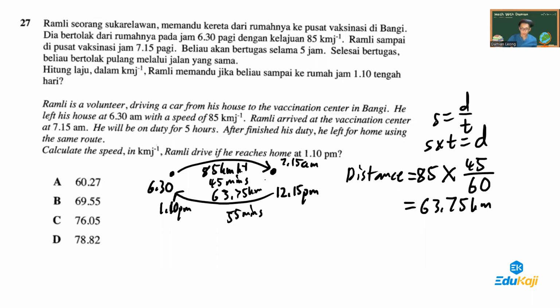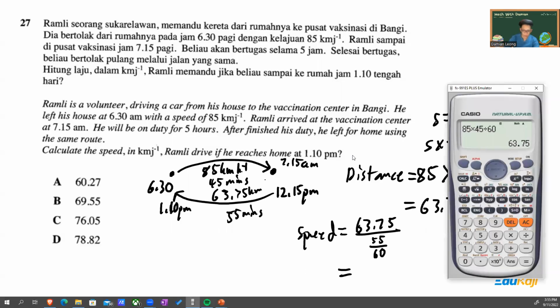So I have distance, I have time. I'm going to find the speed. Just take distance over time. 63.75 divided by time. 55 minutes, I have to divide by 60 minutes in order to change it to hours.